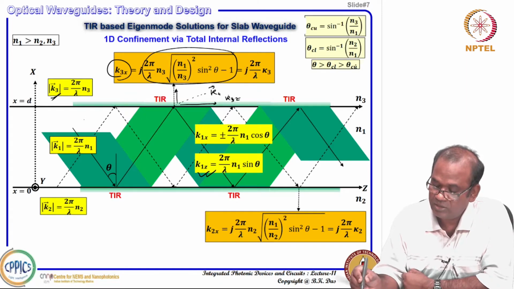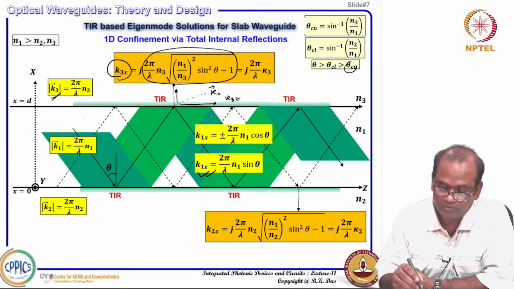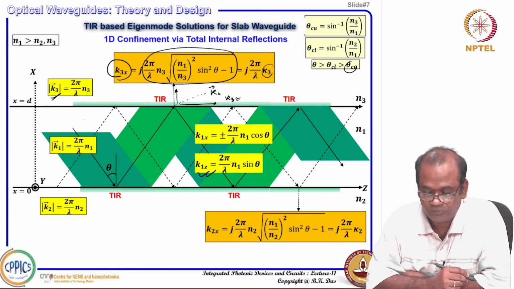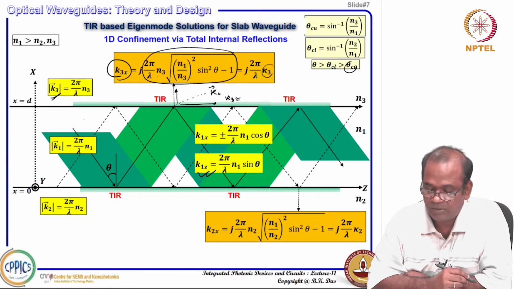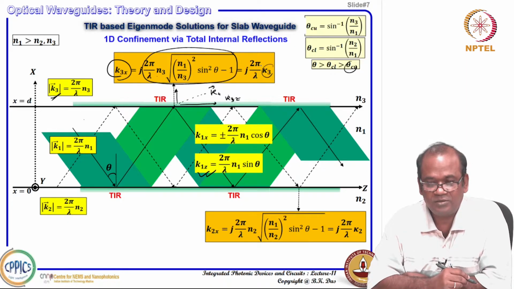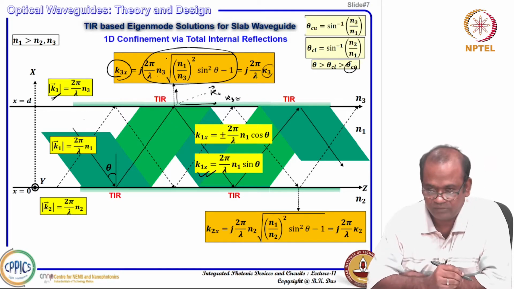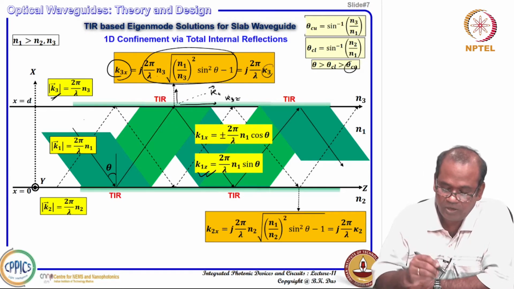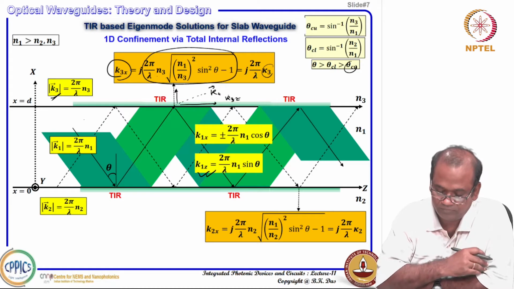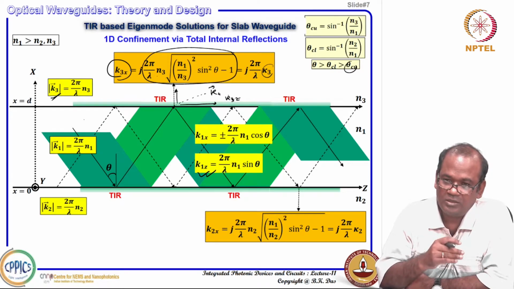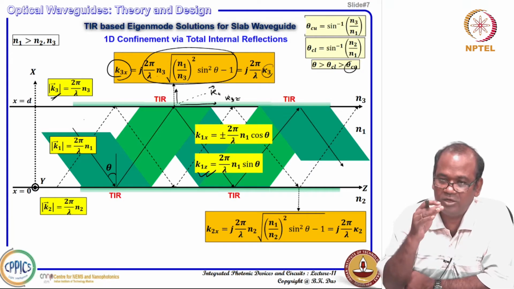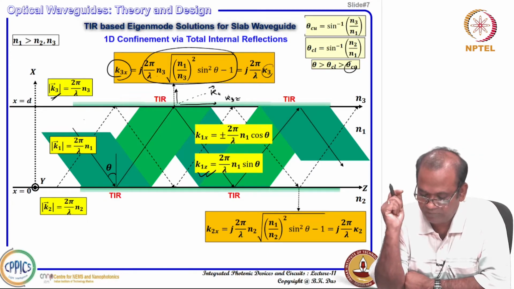So, we can say j 2 pi by lambda kappa 3. Here 2 pi by lambda is the wave vector in free space, and n3 times this factor we write as kappa 3, so j times 2 pi by lambda kappa 3 is the imaginary part. That is how the field will be decaying in the x direction, because the x component is imaginary, so it will be attenuating. Any wave vector component that is real will be a travelling wave, as we have discussed earlier.